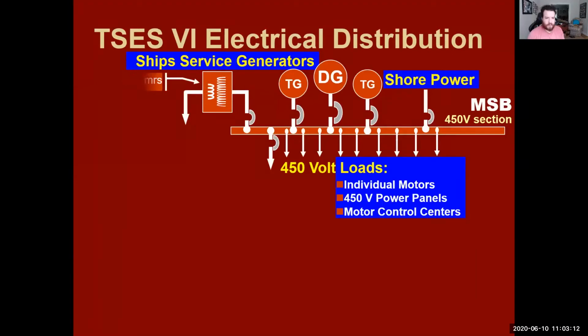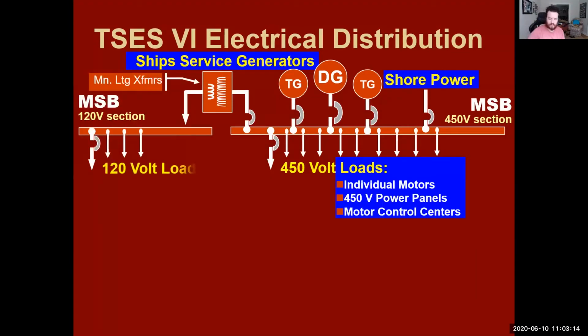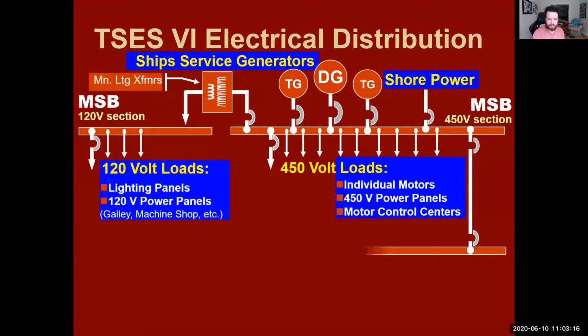Let's go through. So this is what we actually look like on the ship here. We have our main switchboard. We have our shore power coming in over here. And this is our 450 volt section, so everything in this line is 450 volt. We have both our turbo generators going onto the line.